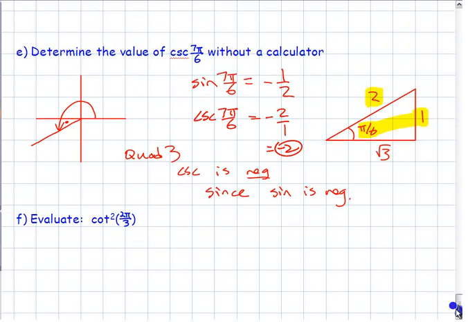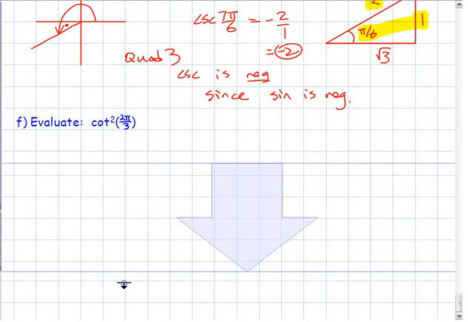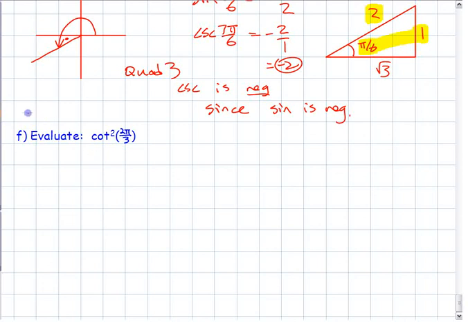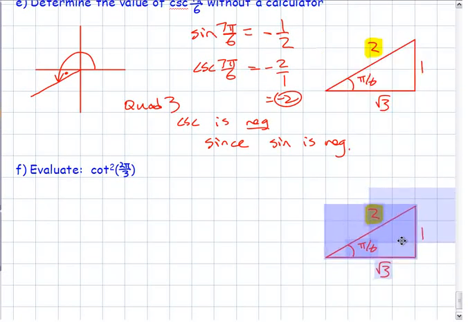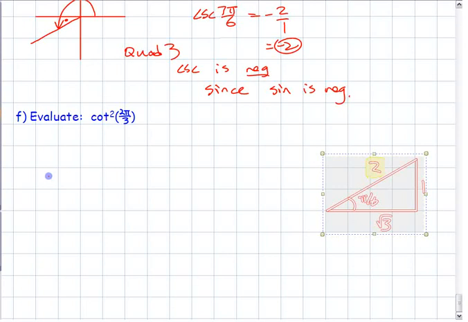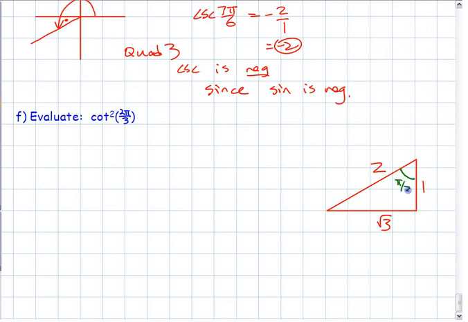And then we have our last thing here. Evaluate cotangent squared of 2 pi over 3. Well, you need that same triangle up there, only we're going to have to look at it differently. Let's bring this triangle down here. Use that again. Except we don't want this angle anymore, we want a different angle in there. We want this angle now, pi over 3, because we have an angle that's related to pi over 3.